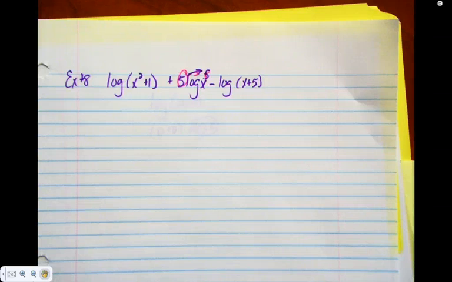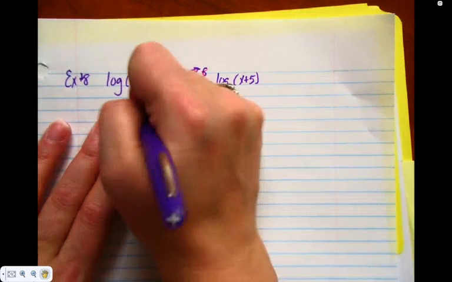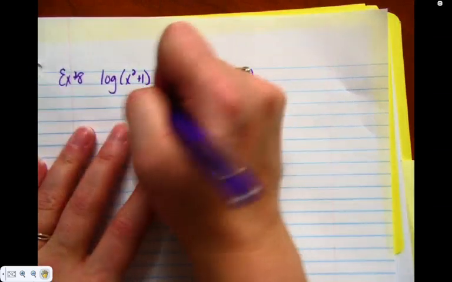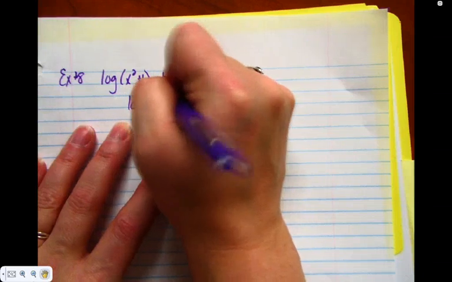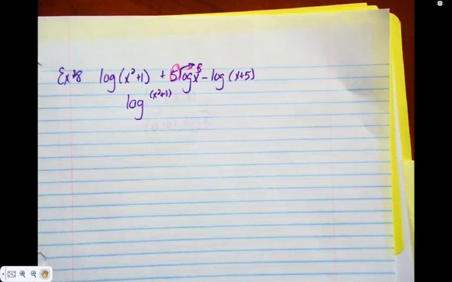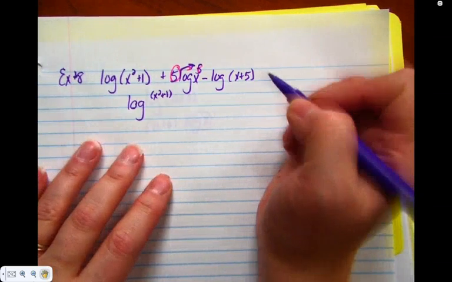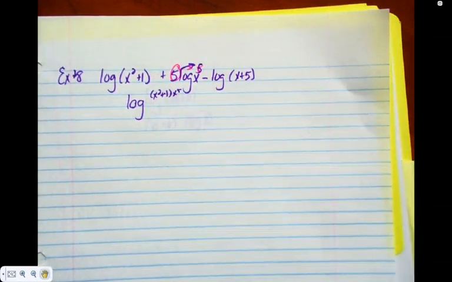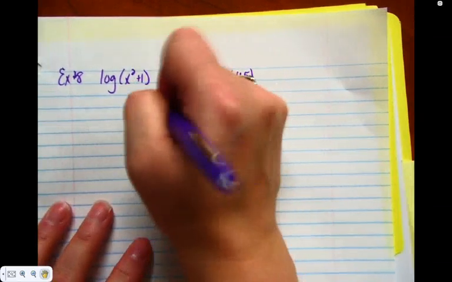Anything negative goes on the bottom of the fraction. So the x squared plus 1 on the top or on the bottom? On the top, because he's positive. The x to the 5, top or bottom? Top, because he's positive. The x plus 5, top or bottom? Bottom.